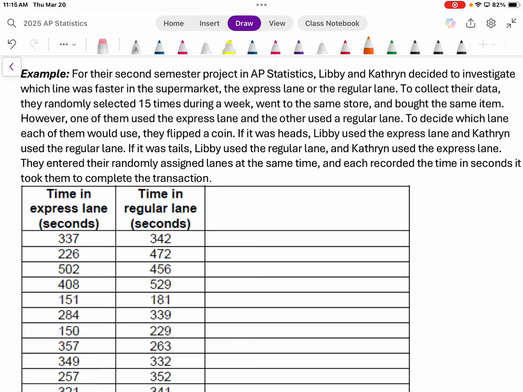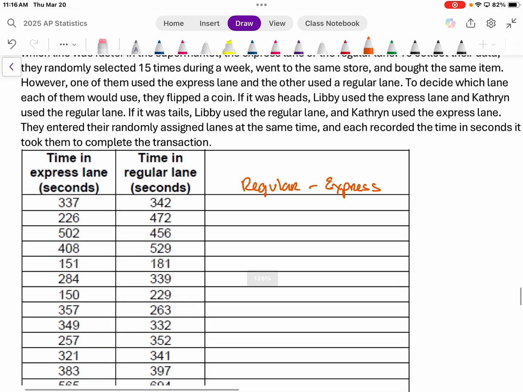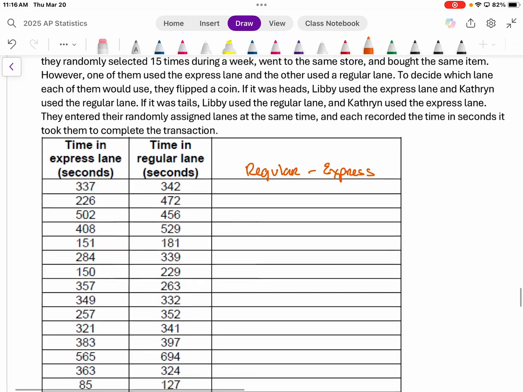So they'll tell us the difference here. I have this set up in my notes where we're doing regular minus express. They're trying to see, is there a difference between when I go through the store using the regular lane and using the express lane? I went ahead and subtracted these.